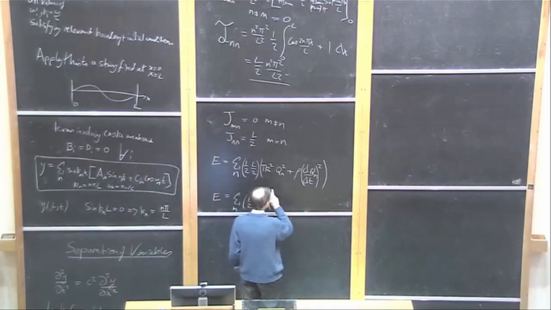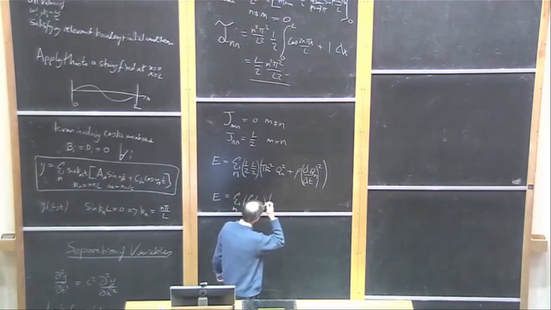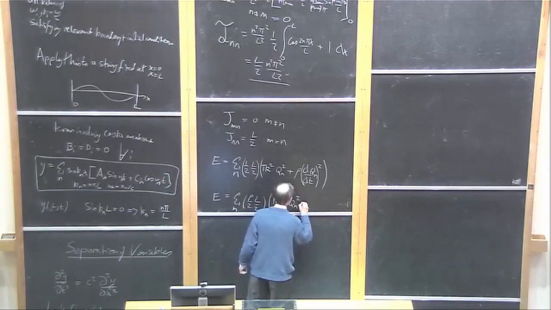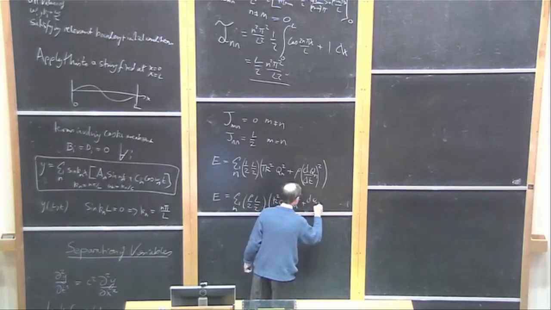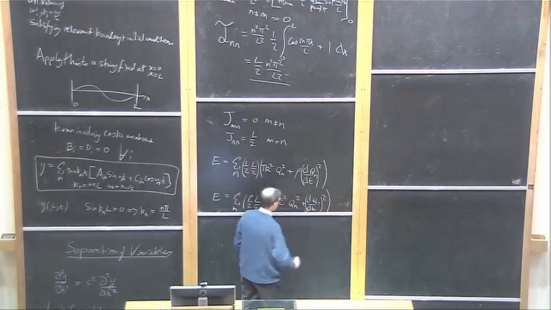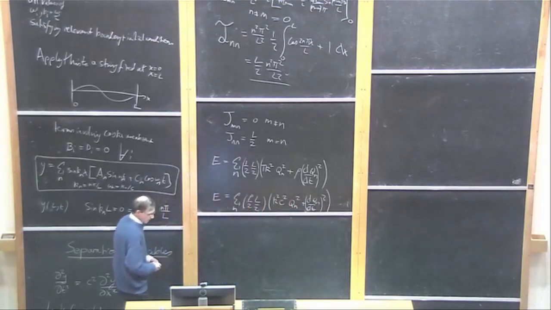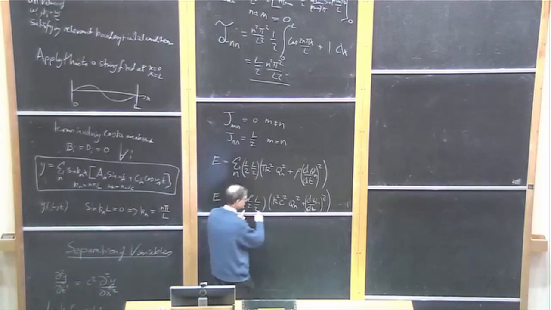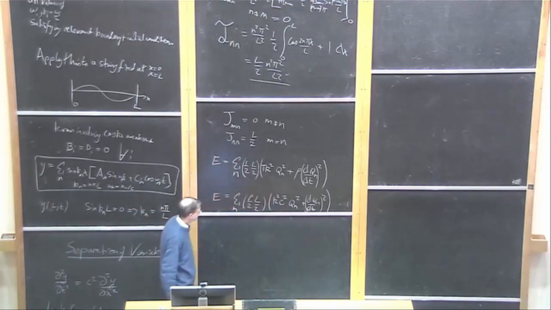So here we will have T over rho, which is c squared, so I've explicitly written the total energy at any time as a sum over terms relating to each mode n.